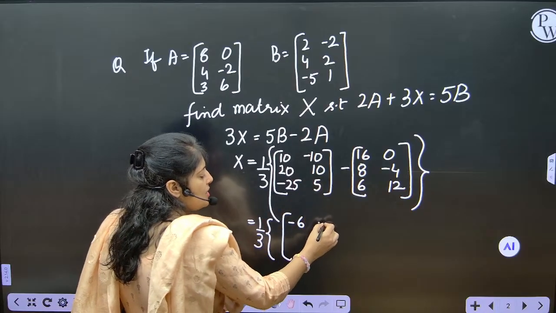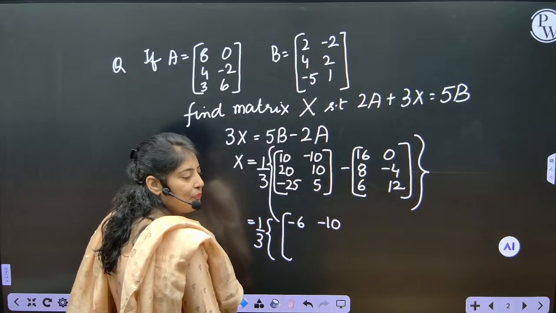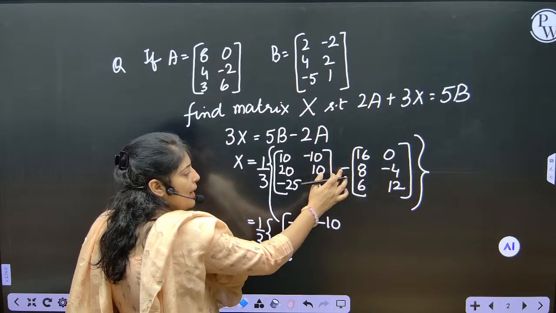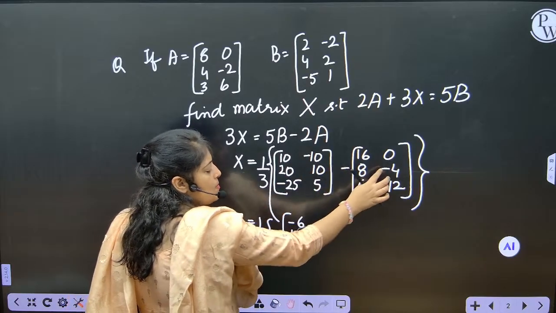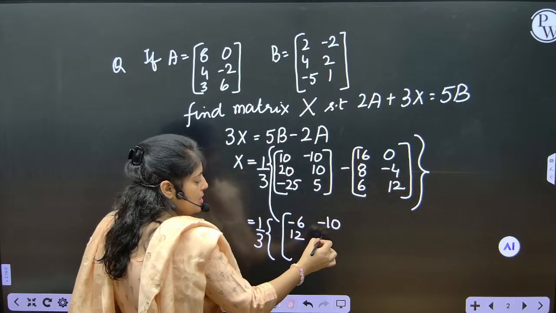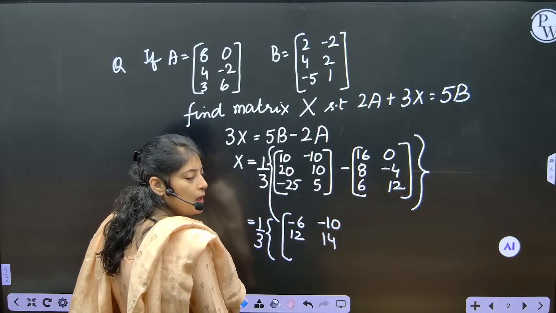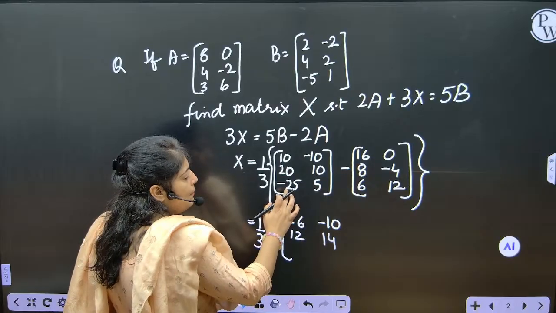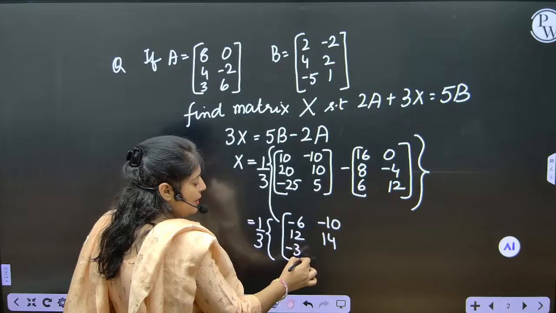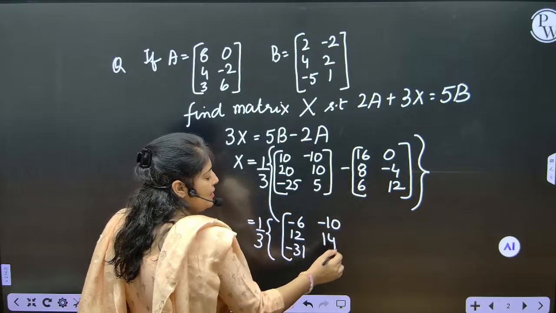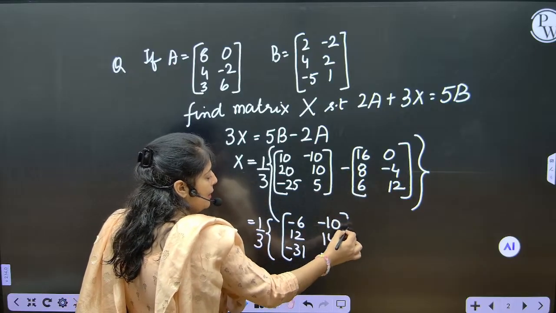Minus 10 minus 0 is minus 10 only. 20 minus 8 is 12. 10 minus minus becomes plus, so 10 plus 4 is 14. Minus 25 minus 6 becomes minus 31. 5 minus 12 is nothing but minus 7.